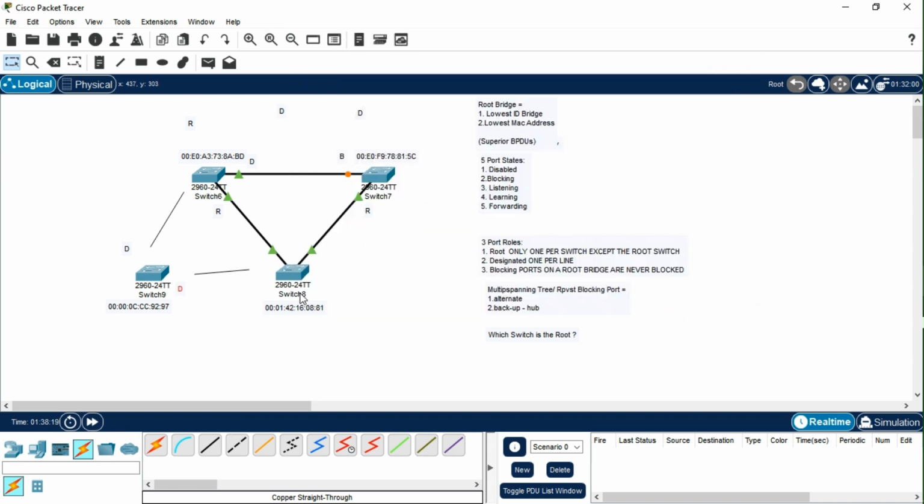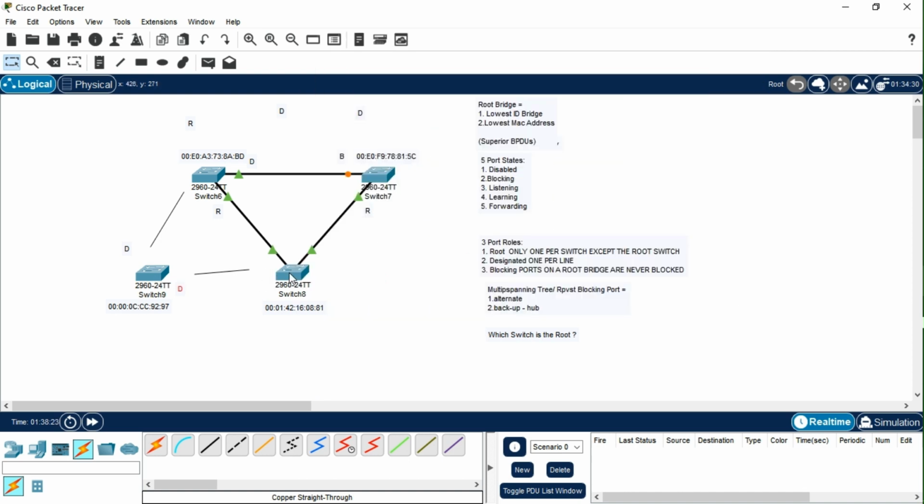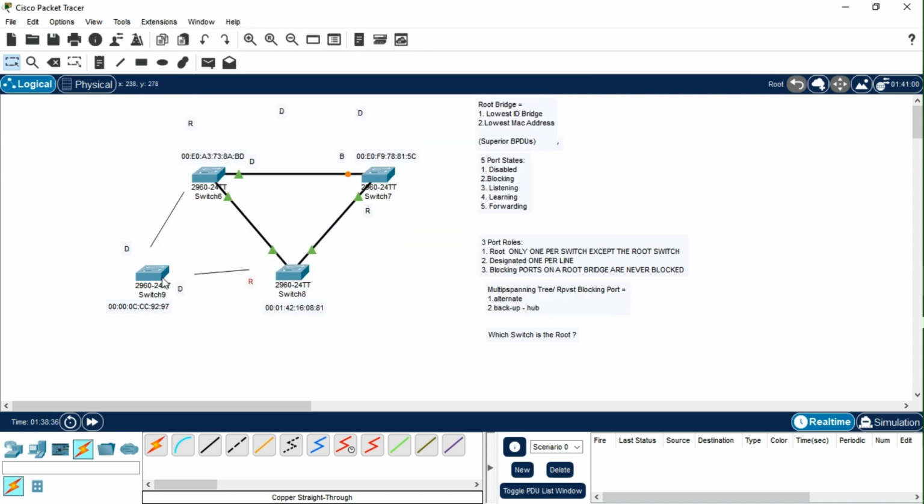Now if I switch over to this switch here, what would be the lowest cost? Because the root port is forwarding to the root switch, I already know that the lowest cost to this switch would be a straight line to it.